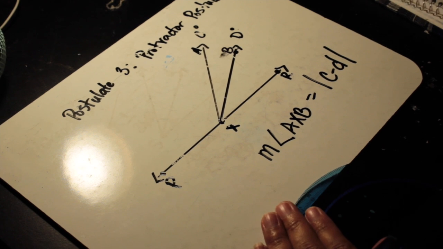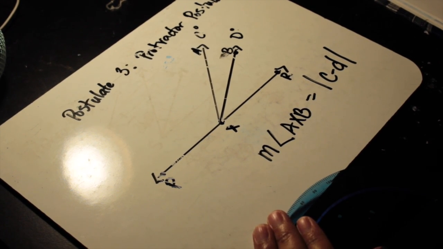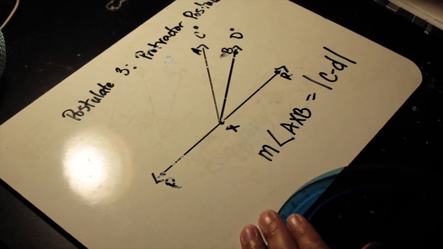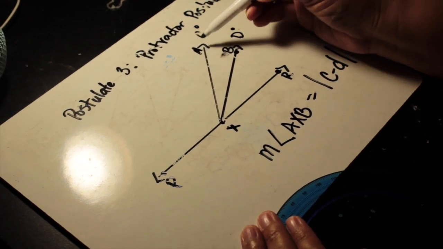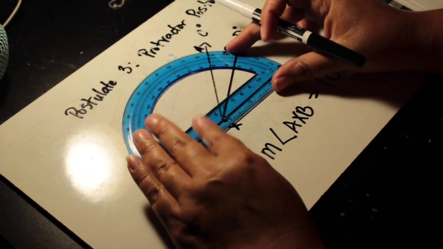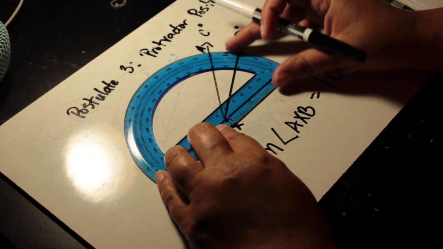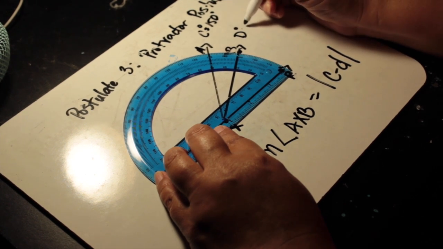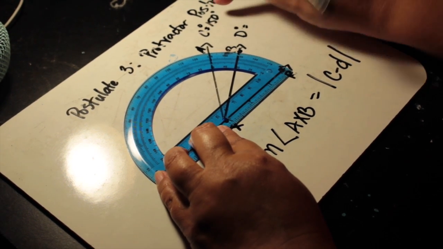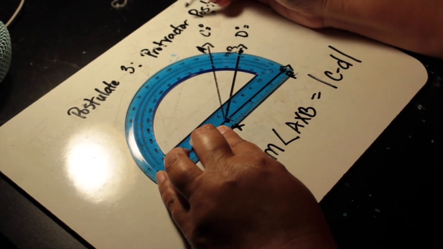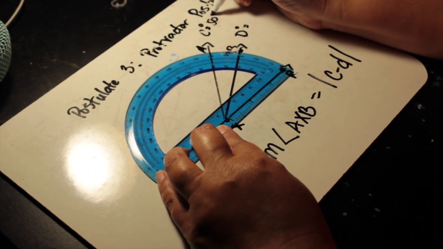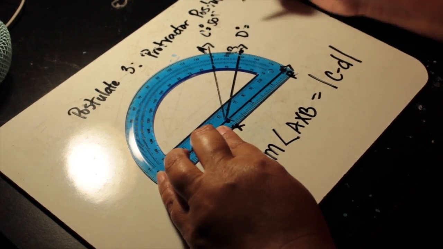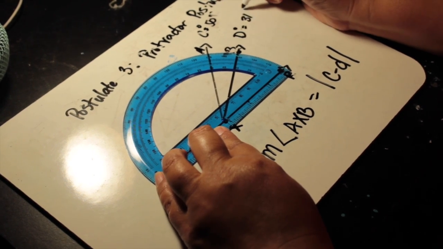Let's just say, for instance, let's just measure it, actually. Let's say this is 150 degrees, so C equals 150 degrees, and D is smaller than 90 degrees. Looks like it's 50 degrees, and the other one looks like it's 31 degrees.